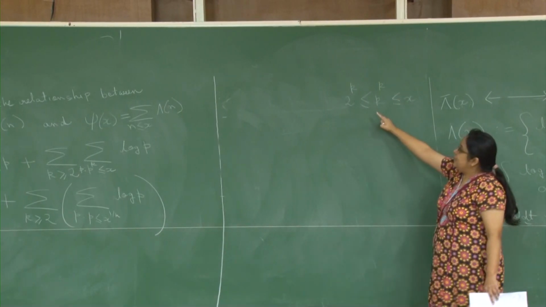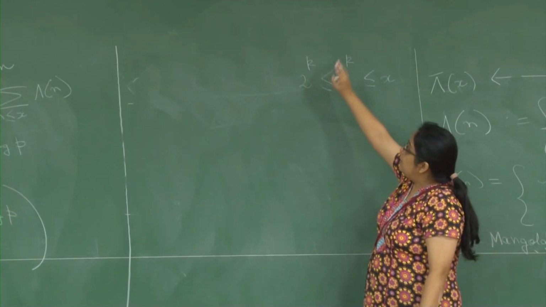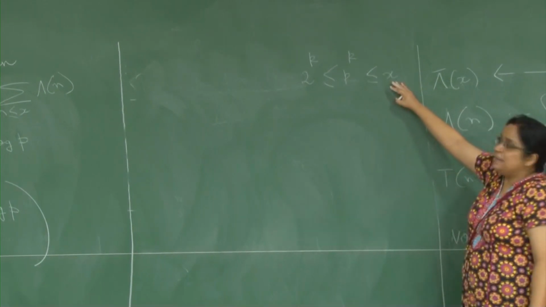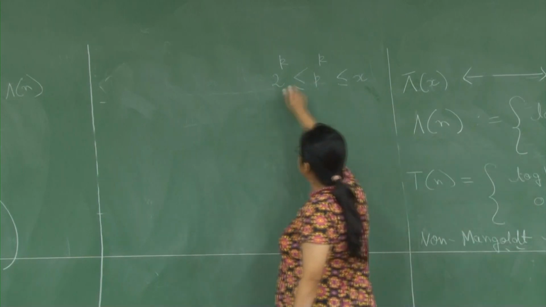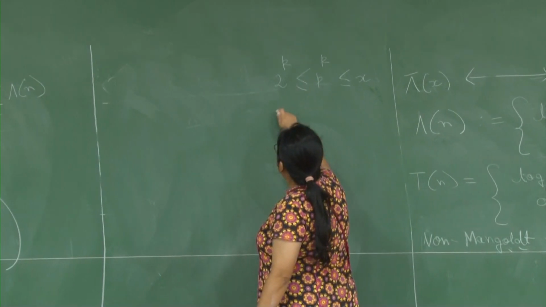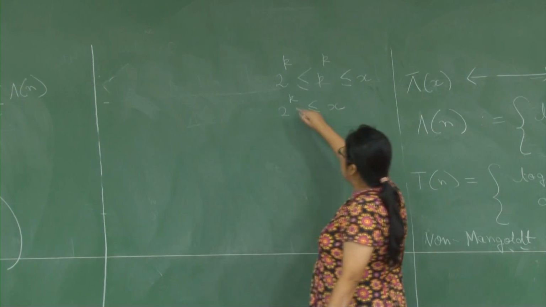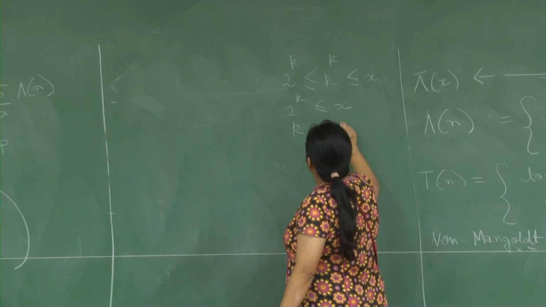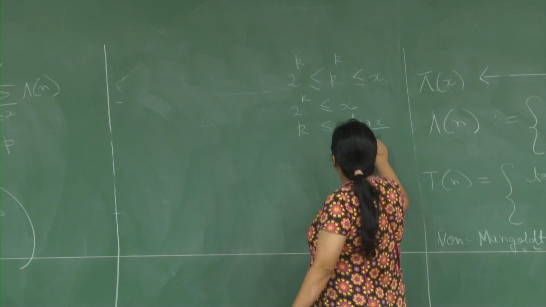So, in the most extreme scenario, at the very least 2 raised to the k must be less than or equal to x. So, in the worst possible case for k, 2 raised to the k is less than or equal to x. Taking logarithms, we get that k is less than or equal to log x over log 2.